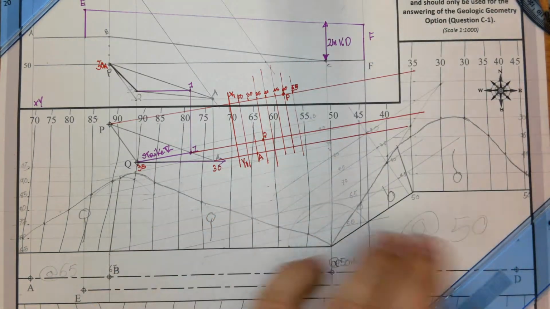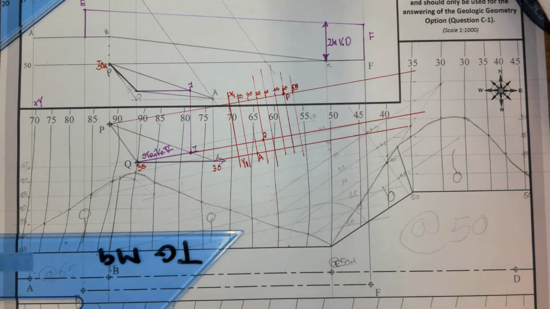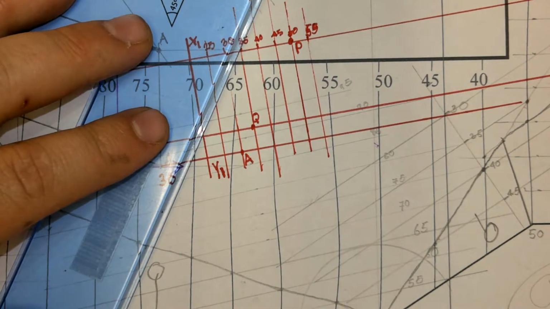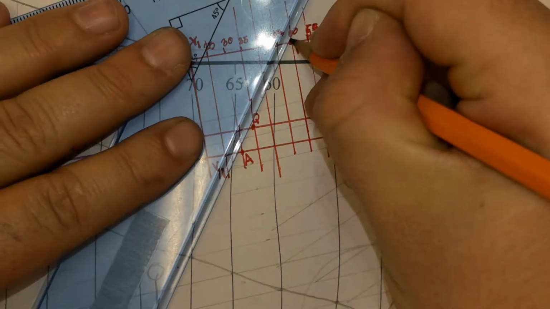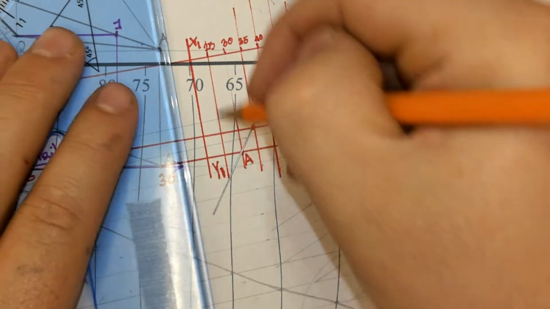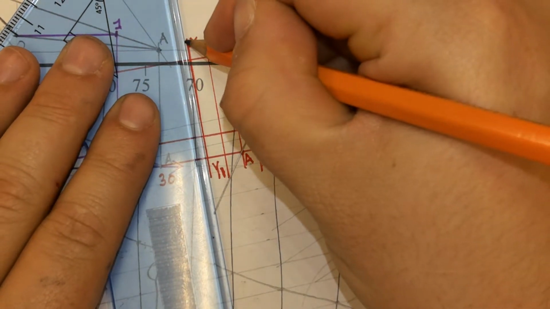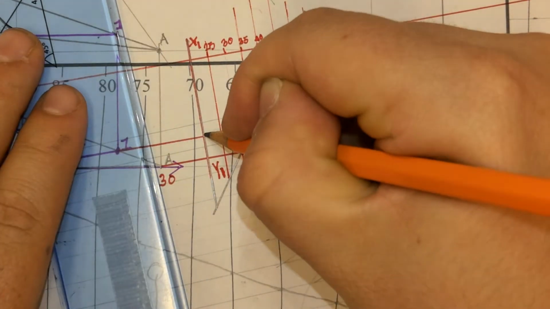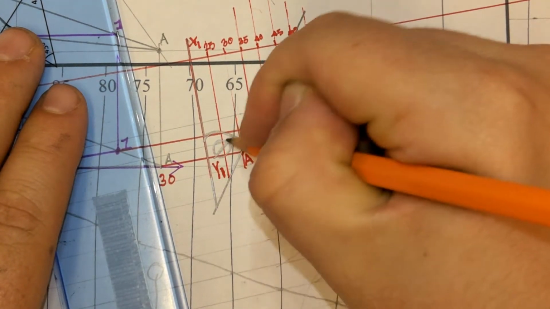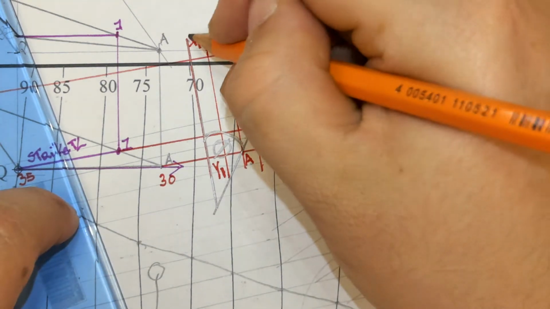So there's A. Now I'll zoom back in again. Now, join all those points together to form one straight line. And this is your dip. The angle the surface makes to the horizontal plane is the dip.